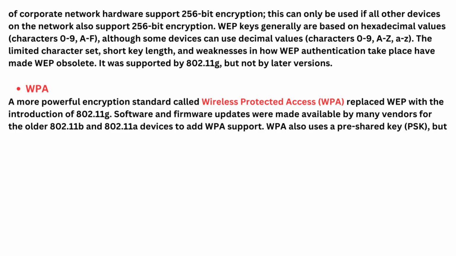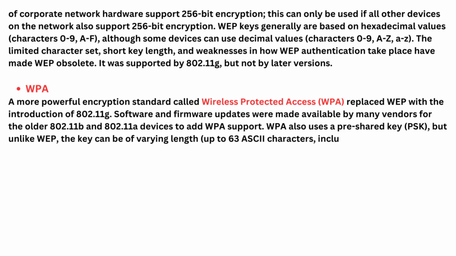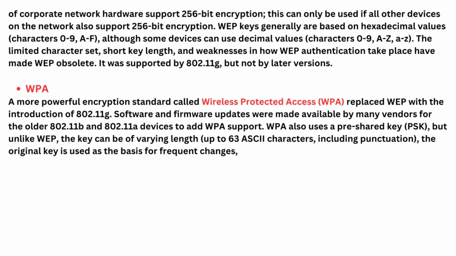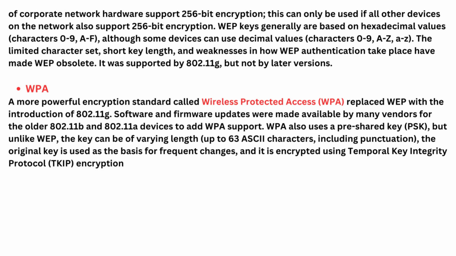WPA also uses a pre-shared key, PSK, but unlike WEP, the key can be of varying length, up to 63 ASCII characters, including punctuation. The original key is used as the basis for frequent changes, and it is encrypted using Temporal Key Integrity Protocol, TKIP, encryption. TKIP has many features that make it stronger than WEP.